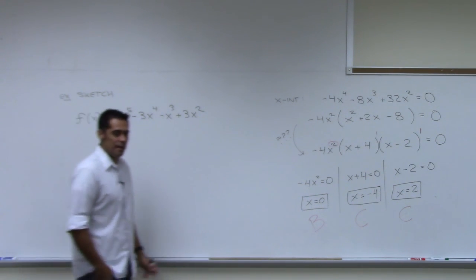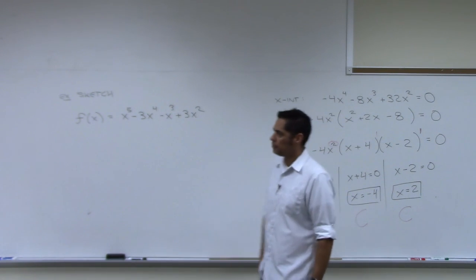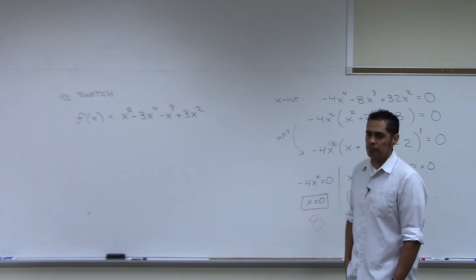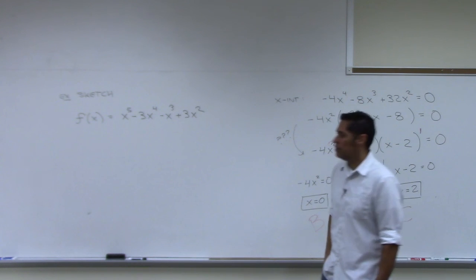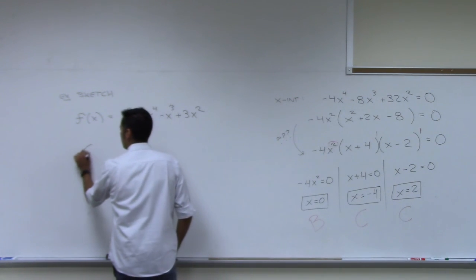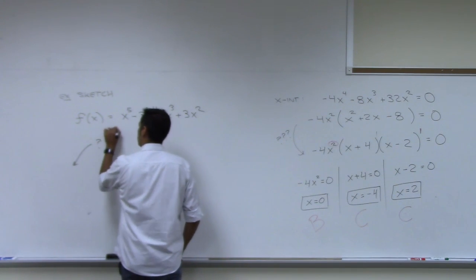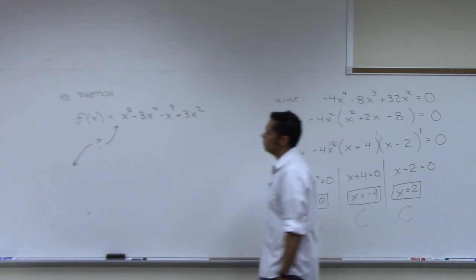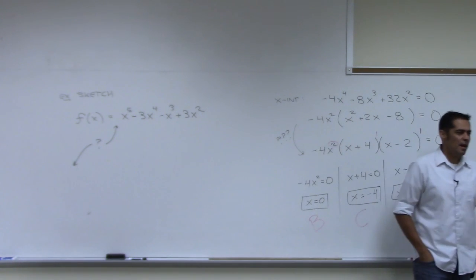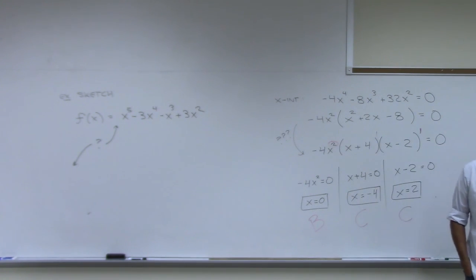What's your left and right hand behavior here? Down on the left, up on the right. The degree is 5, the leading coefficient is 1.